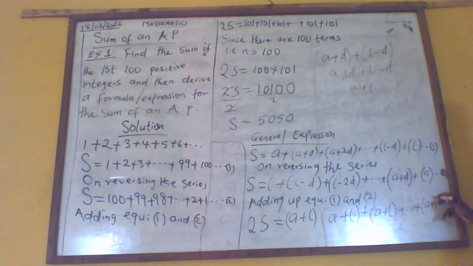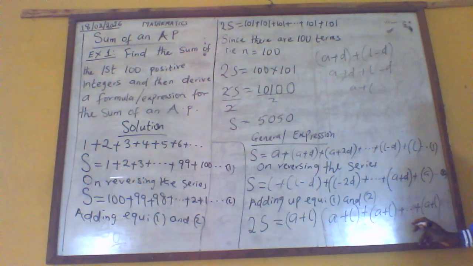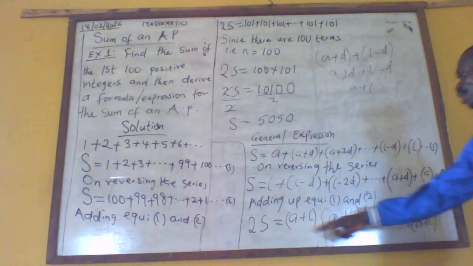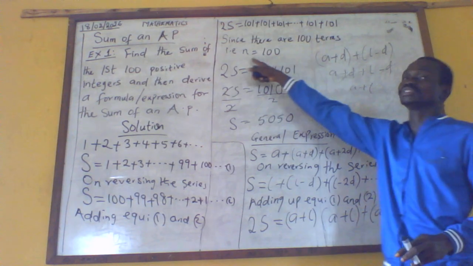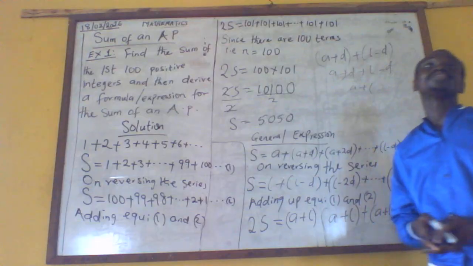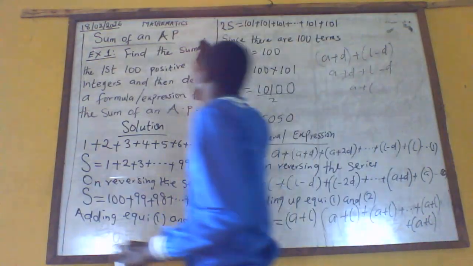A plus L. Then A plus L plus A will still give me A plus L. I think I can write that here. A plus L. Right? Now, how many A plus L am I supposed to get? 100. And we said that 100 is our what? N. That's the number of terms. Very good.